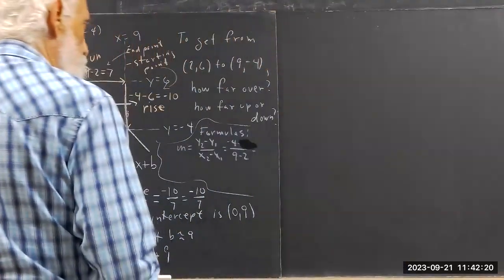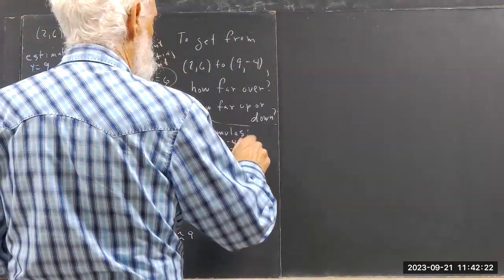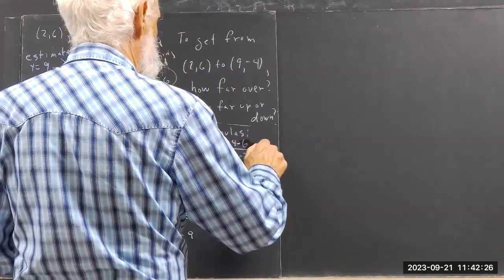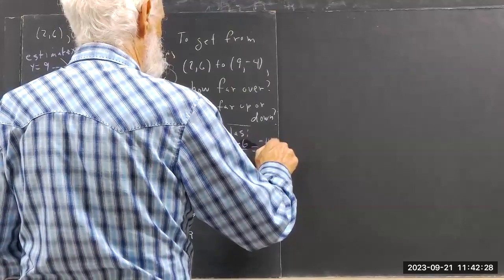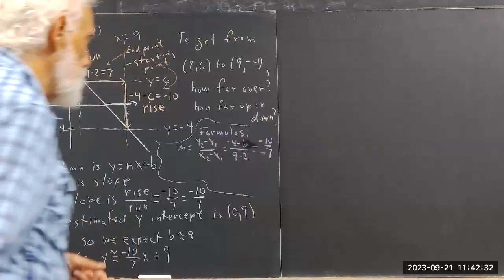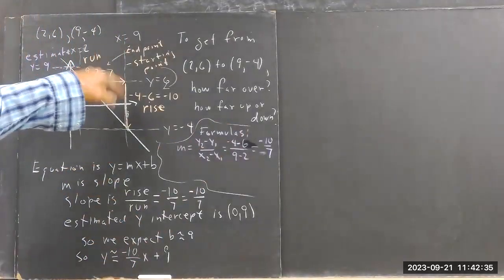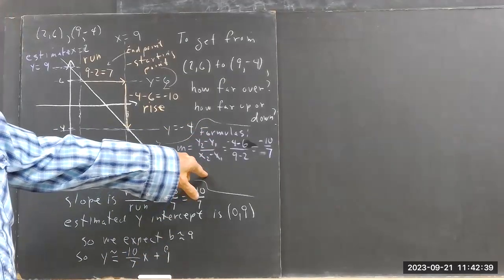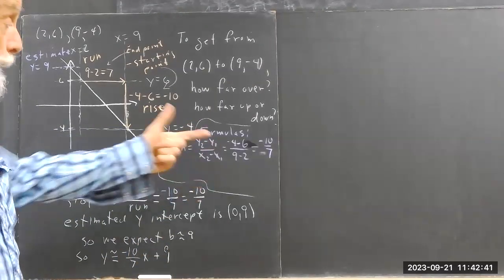Negative 4 minus 6 over 9 minus 2, which is negative 10 over 7. That's no surprise because the picture told us that. And the formula had darn well better match the picture, but we understand why.